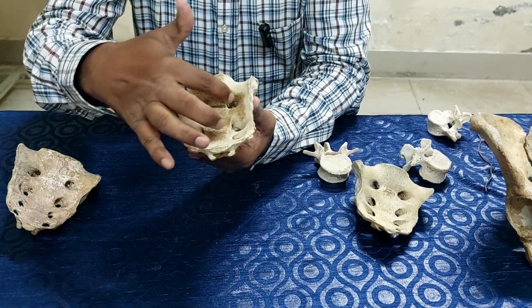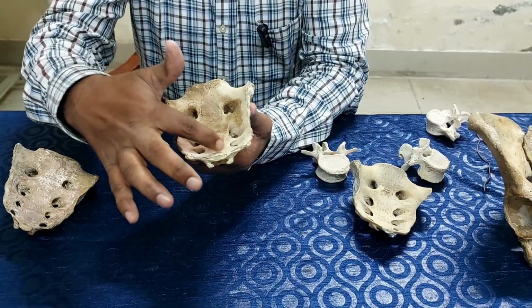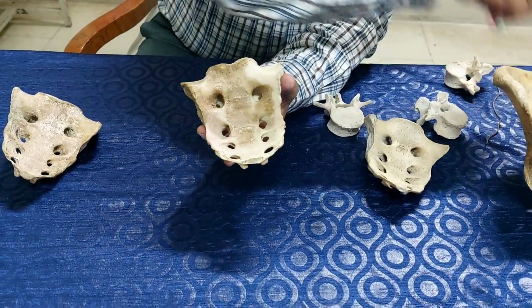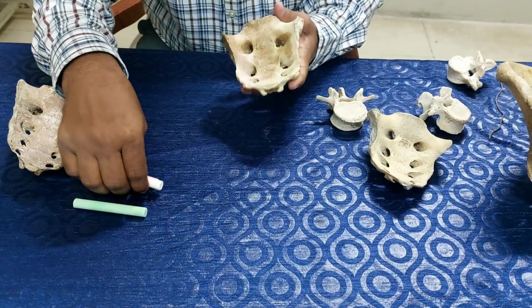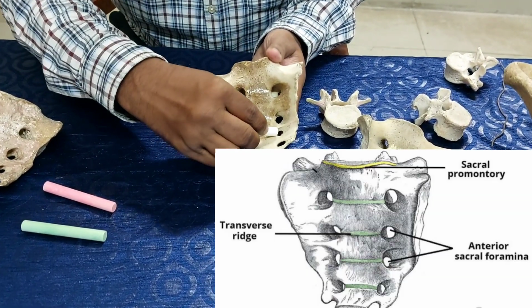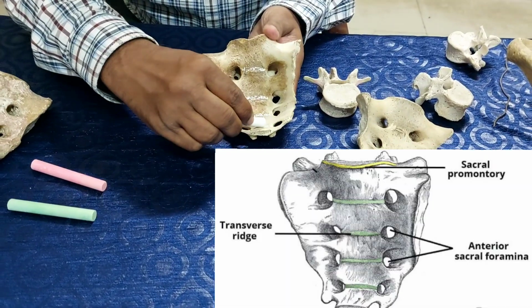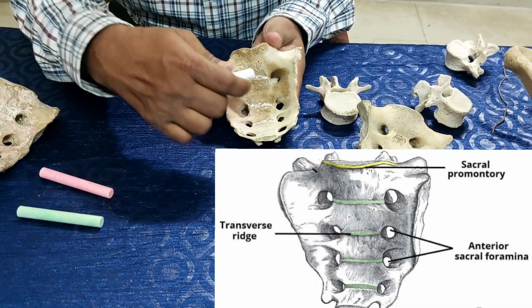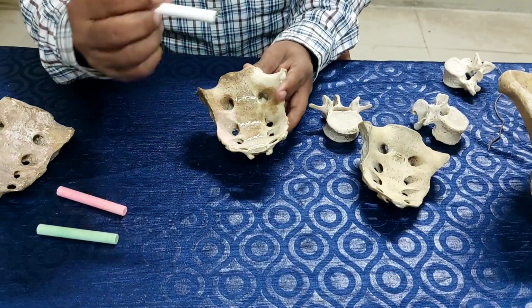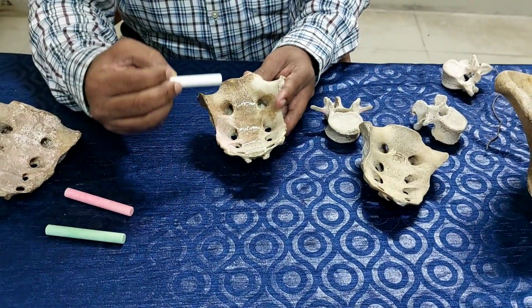And in front, all the bodies of the sacral vertebra are fused. At the line of fusion, you will get a ridge. These are transverse ridges. There are 5 sacral vertebra, so there will be 4 transverse ridges, because in this fused vertebra, there is no intervertebral disc.